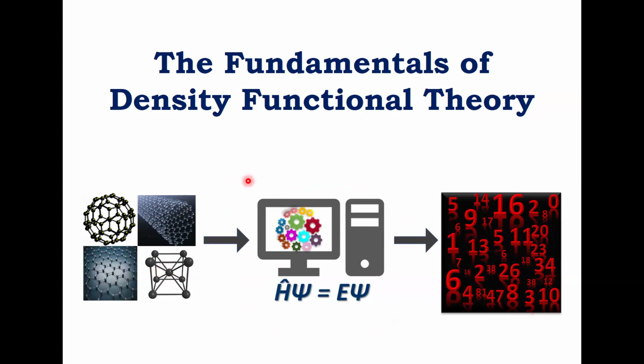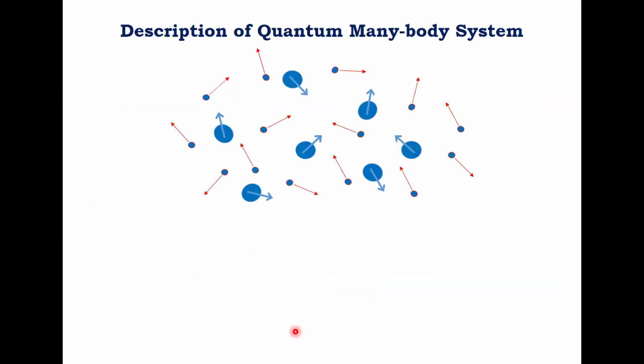In the middle part we have H psi equal to E psi. So basically Schrodinger-like equations are solved inside the computers, and I will discuss the historical development of these equations and how they were developed into the many-body equations.